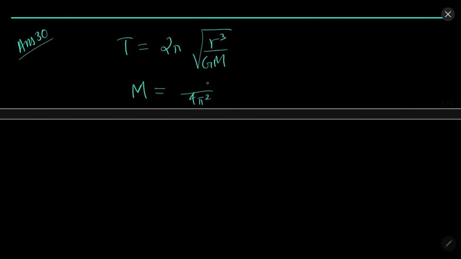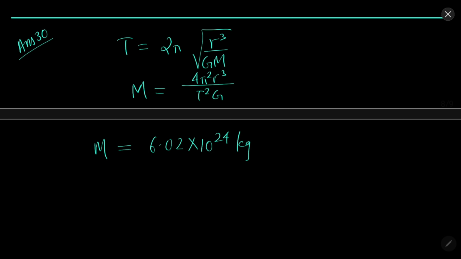Actually it will be 4 pi square r cube over T square g. So once we put all the values, the mass will be approximately 6.02 into 10 to the power 24 kg.